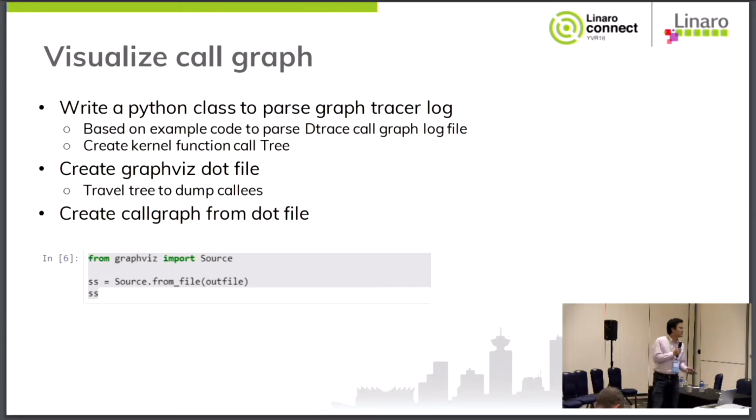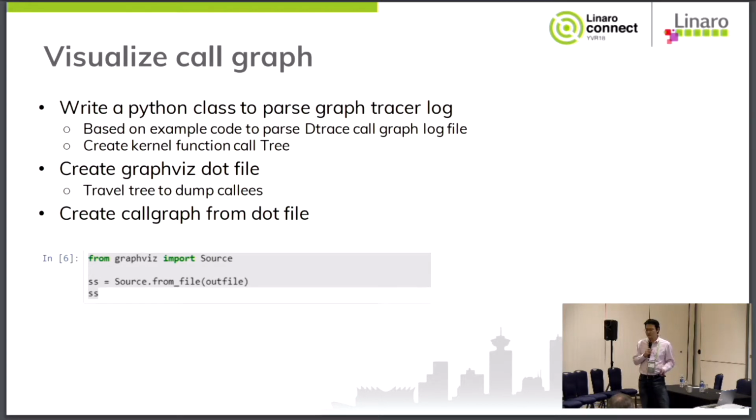And the next step, we need a Python script to parse the trace log from the root function and parse it line by line to get the callees.